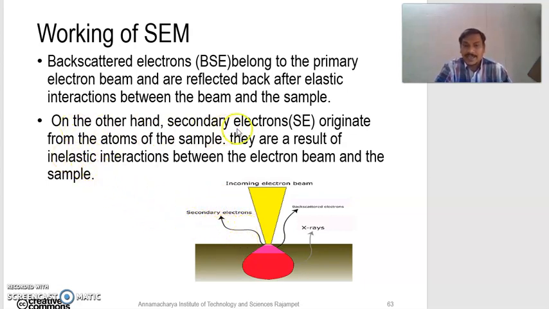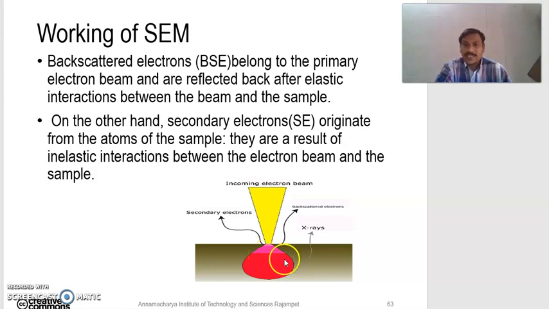So the secondary electrons originate from the atoms of the sample. They are a result of inelastic interactions between the electron beam and the sample. Next, if inner orbit electrons are emitted from the atom, then immediately the upper orbit electrons make a transition to the inner orbit positions.